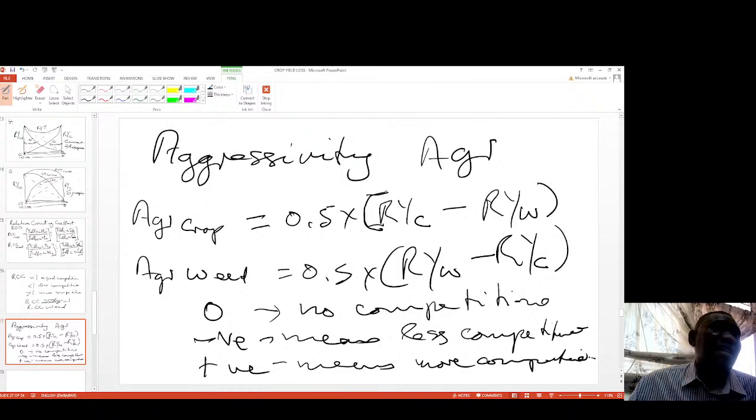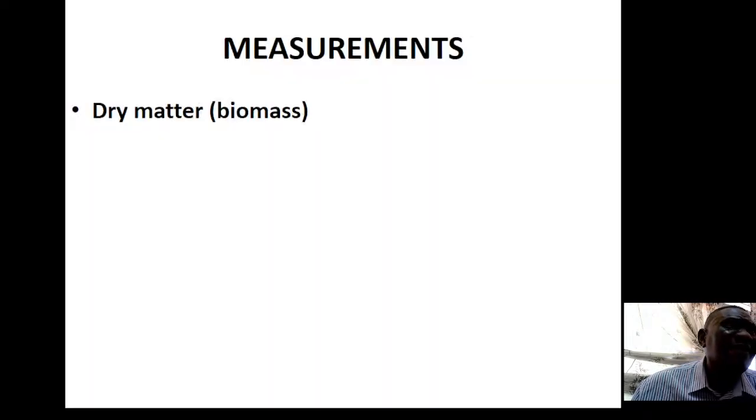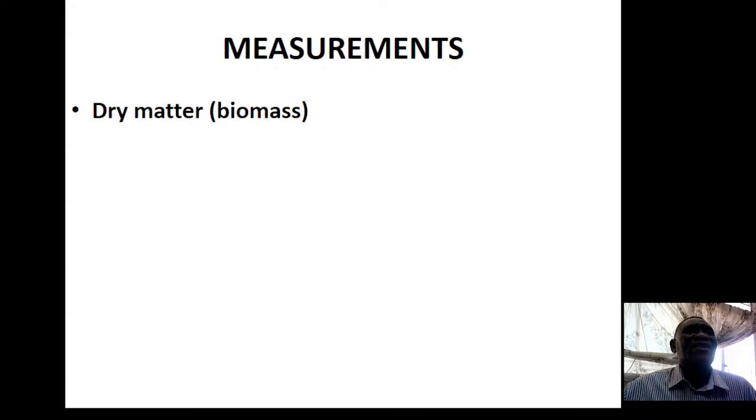So this is how you can assess the results from the replacement series experiments.